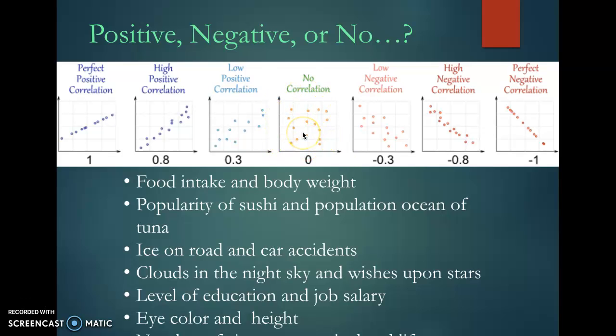There's no correlation. Number of cigarettes smoked and lifespan, typically as more cigarettes are smoked, the shorter the lifespan, right? So positive just means both things are going up. Negative means one's going up and one's going down.